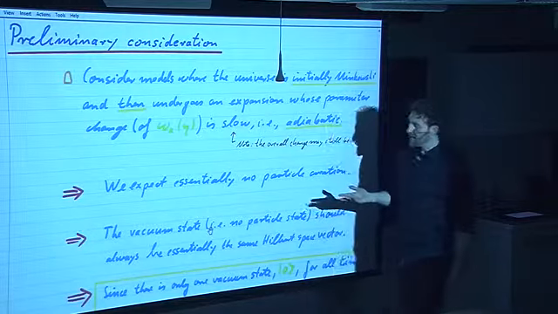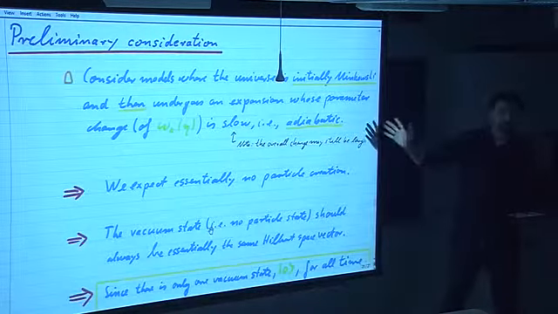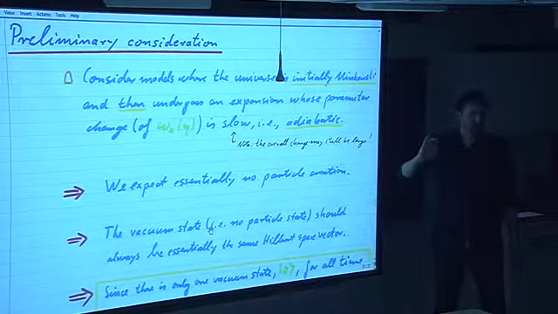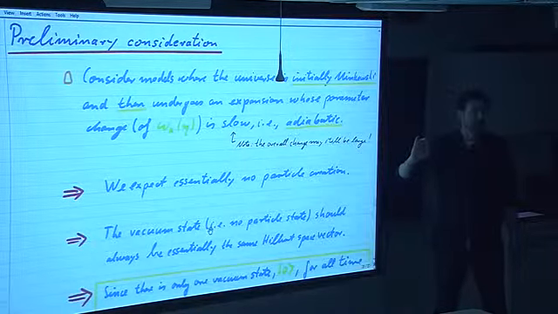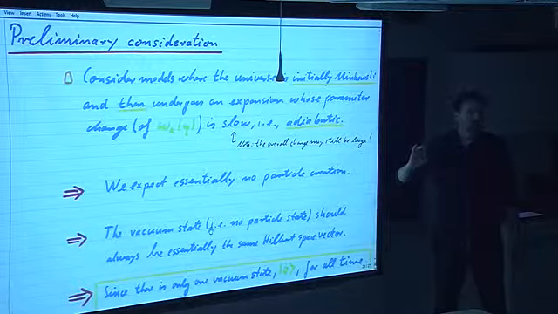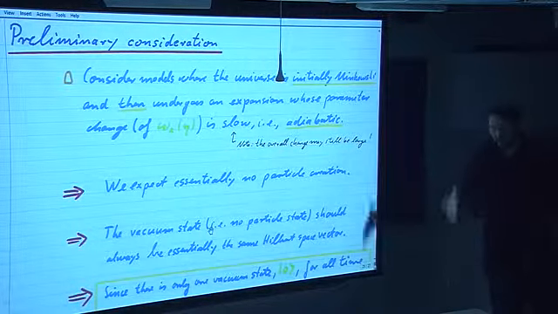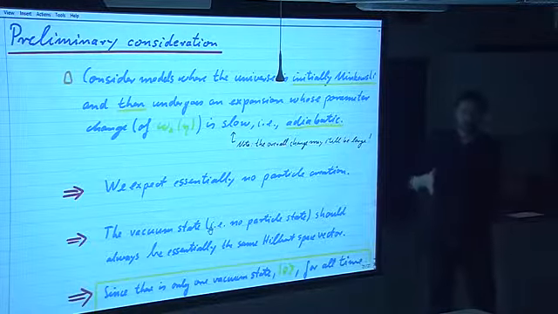Which means that once we figure out what the right criterion is for identifying the vacuum state, it shouldn't matter when we apply it. If we apply it at time eta 1, we get the same identification of the Hilbert space vector that's the vacuum, as if we did it at time eta 2, assuming that the evolution was adiabatic between eta 1 and eta 2.